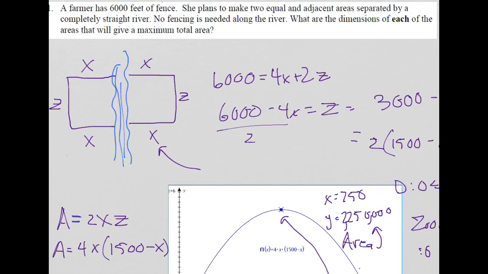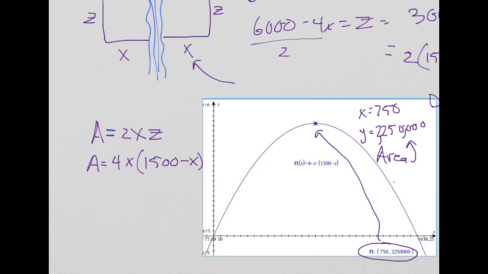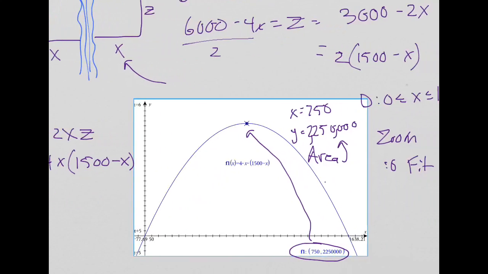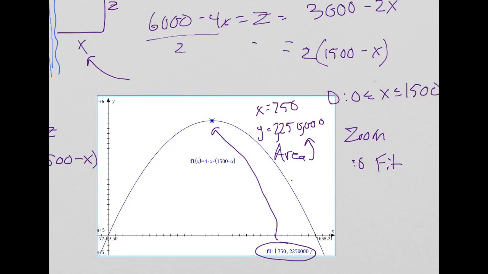And that's why I chose to call this side z and not y, because I wouldn't want you to get confused about that. So it says, what are the dimensions of each of the areas that will give a maximum total area? Well, we are going to get the x value, which is 750. It's going to be one of our dimensions, by the z value, and z is 2 times 1,500 minus x.